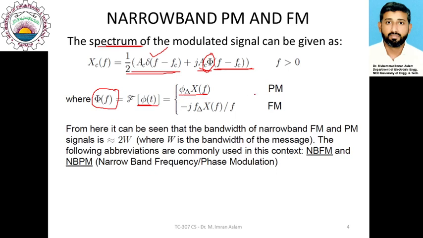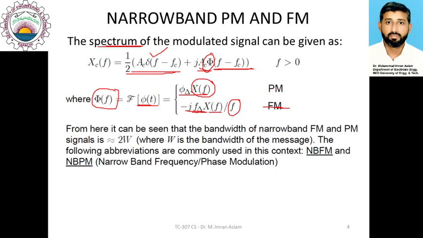So you can see that for the PM signal, the spectrum of the phase can be written as phi delta into X f, where X f is the message signal spectrum. And for the case of FM, this spectrum comes out to be X f divided by j f, multiplied by the frequency deviation.